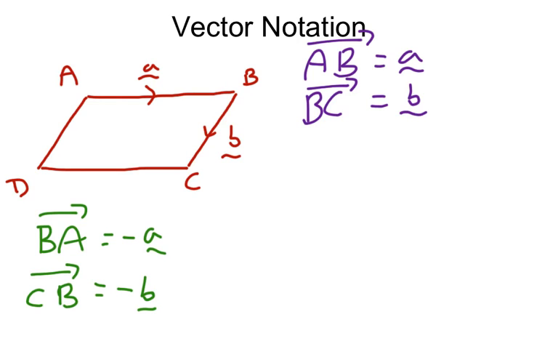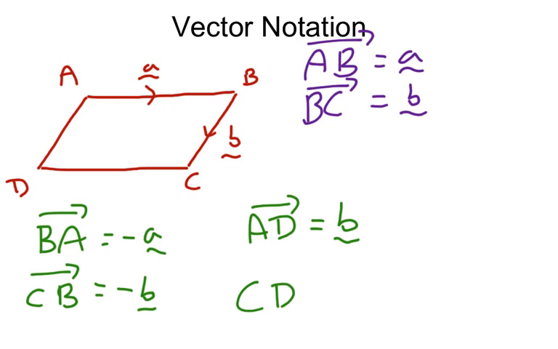We might also be asked to find AD. Now that vector has no letter associated with it. AD has no letter that we can call it. However, as this is a parallelogram, AD is parallel to BC, and it's also the same length as BC. So AD is equal to the vector BC, which is the vector b.